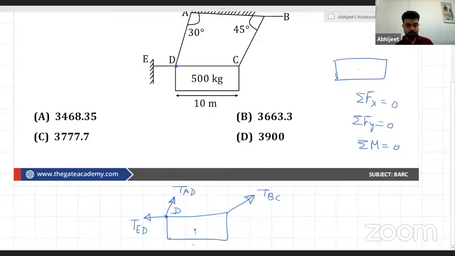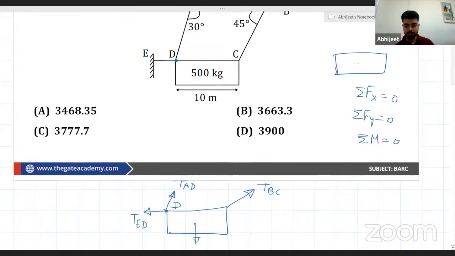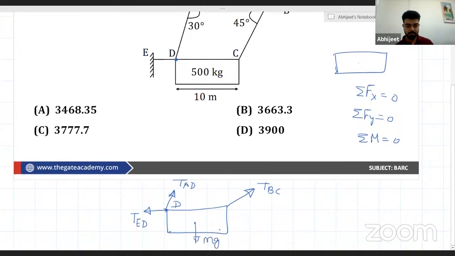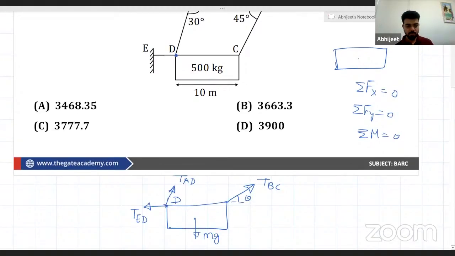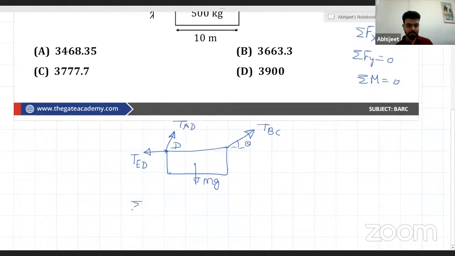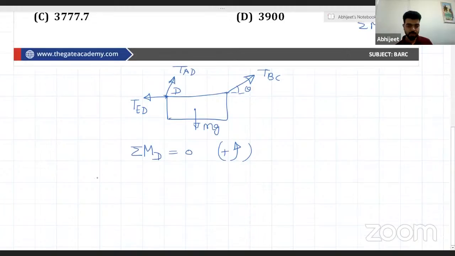And don't forget the weight, which is also acting, that is mg. Now we have to find TBC. We know that both the unknowns pass through D, so it's better to take the summation of moments about D and keep it equal to 0. Why? Because then both unknowns will not be involved in this equation and we can directly find TBC.